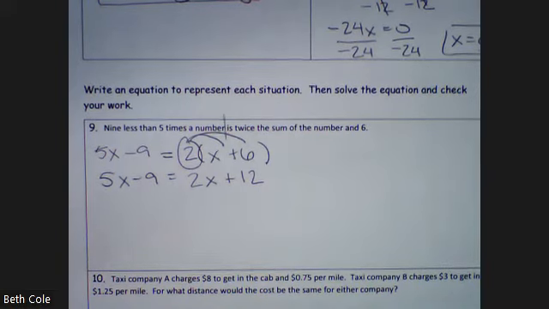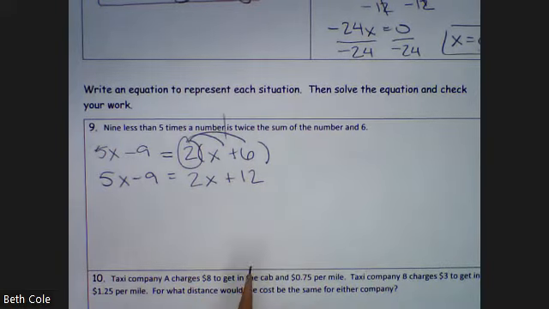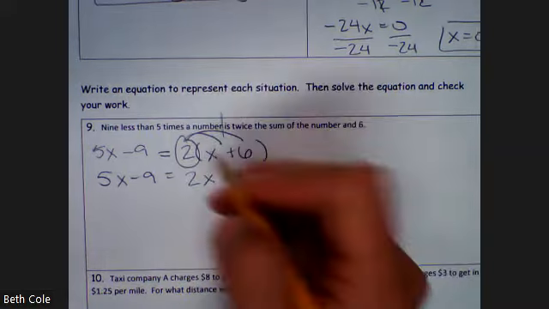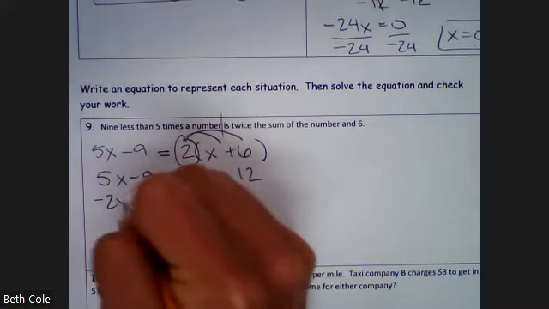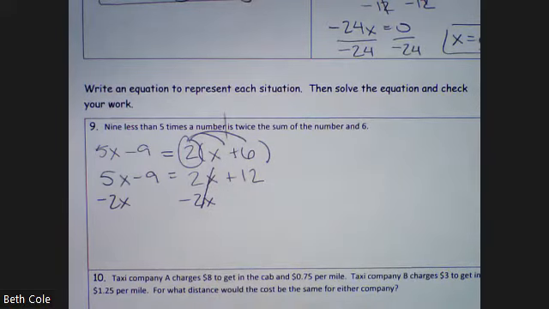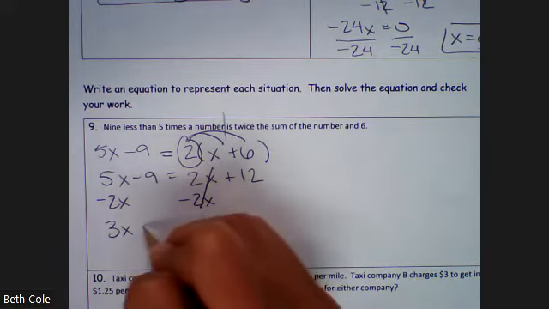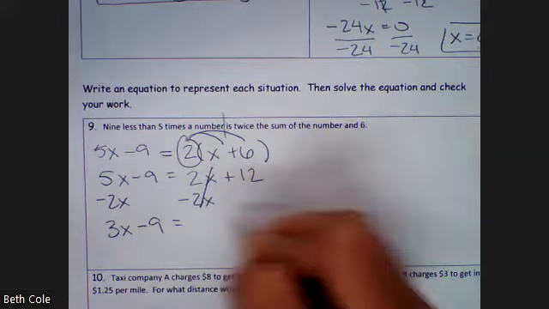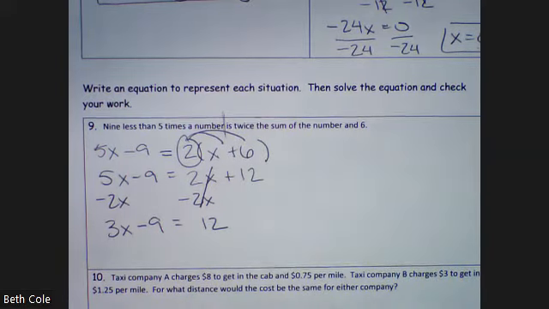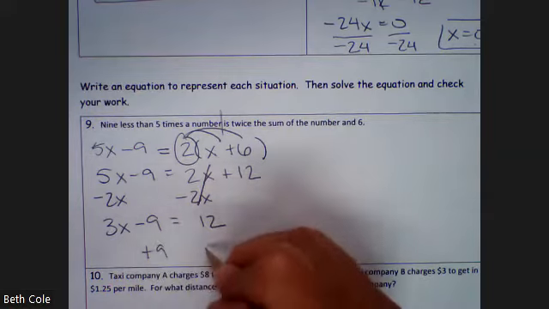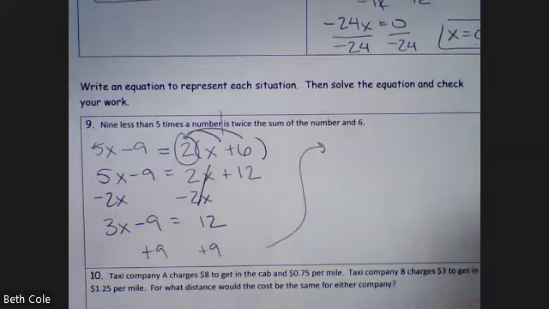What next? We want the variables together. Move them to the left. Minus 2x, perfect. That will give us 3x minus 9 equals 12. And then what? Plus 9. I'm going to have to come over here.